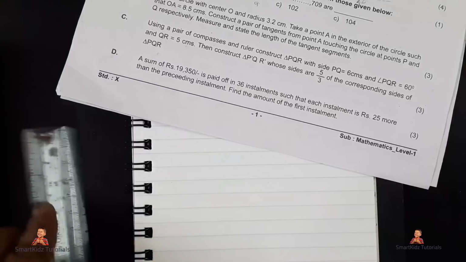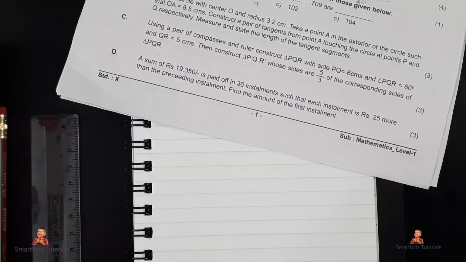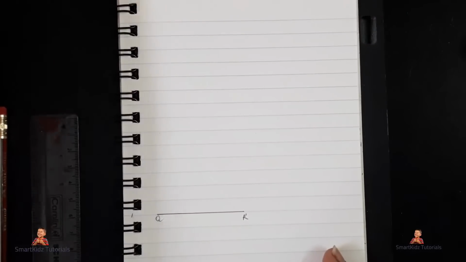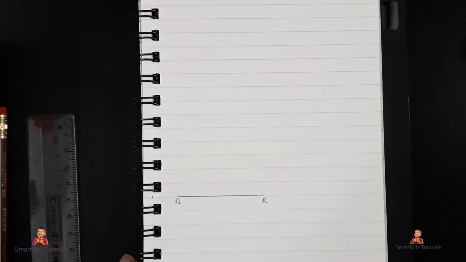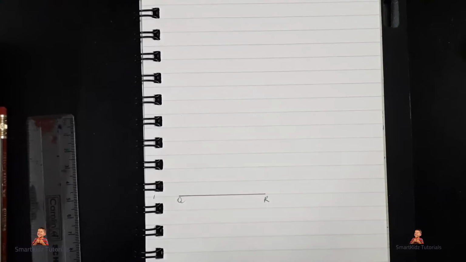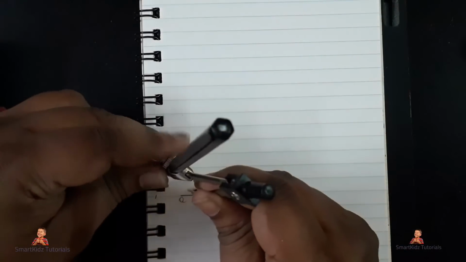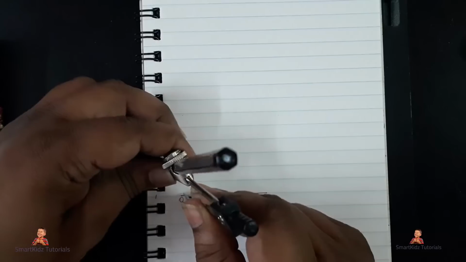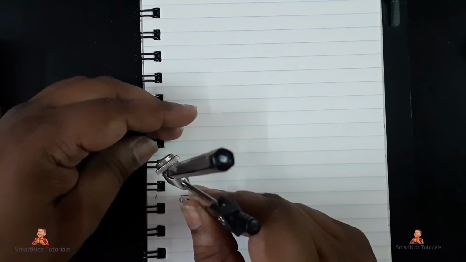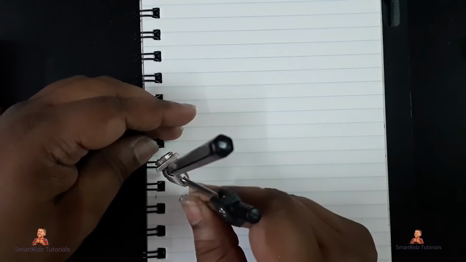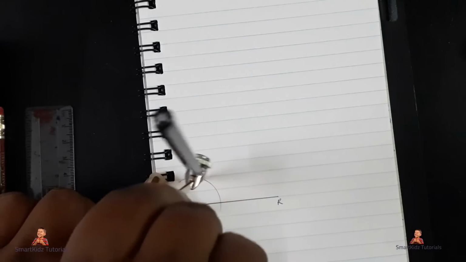Next we need to construct 60 degrees. Okay, so this is QR. Next we'll construct 60 degrees. So we just take a measurement and mark an arc. Okay, like this.